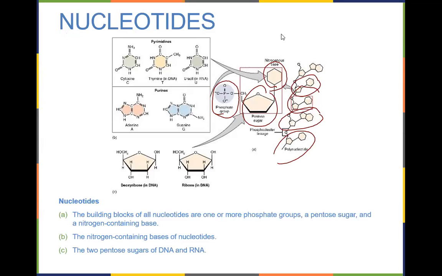Our DNA molecules and our RNA use the sugar and phosphate as the backbone of the molecule. So you would have a sugar and the phosphate attached to another sugar and another phosphate, and so on. And this becomes the backbone of the DNA molecule.